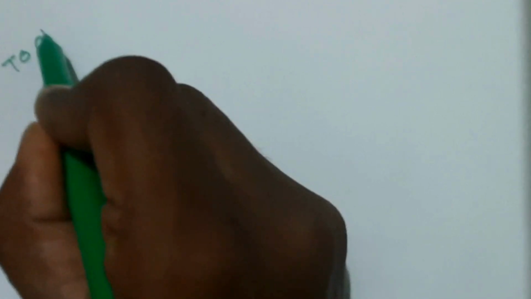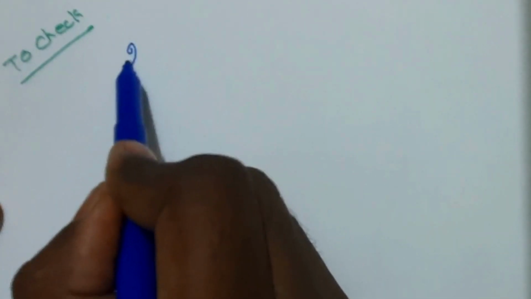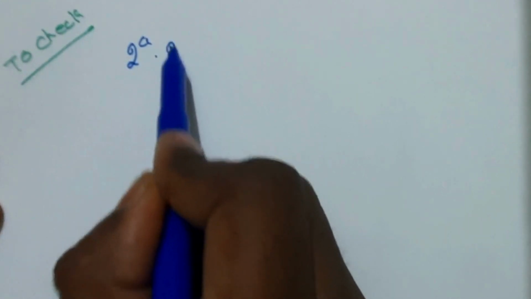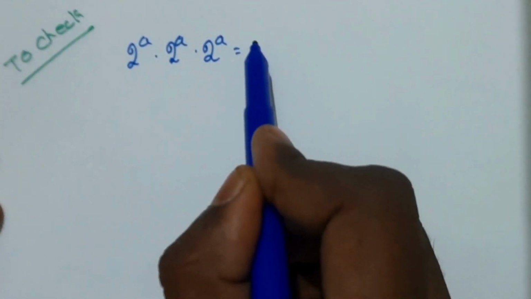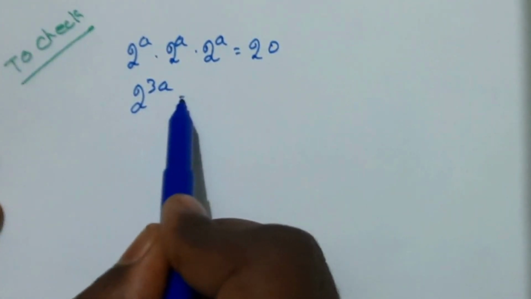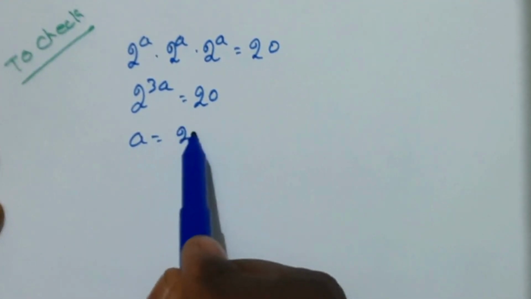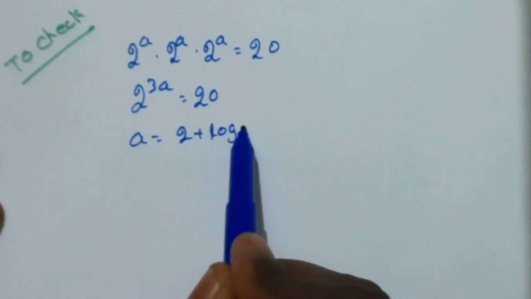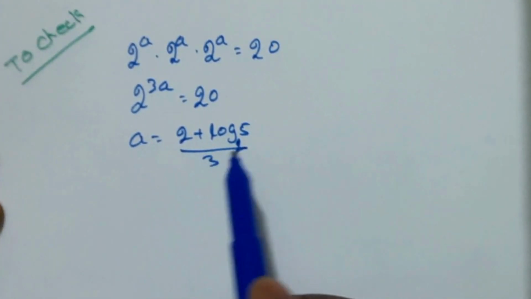To check, 2 to the power of a into 2 to the power of a into 2 to the power of a equal to 20. 2 to the power of 3a equal to 20. The a value is 2 plus log 5 base 2 by 3.